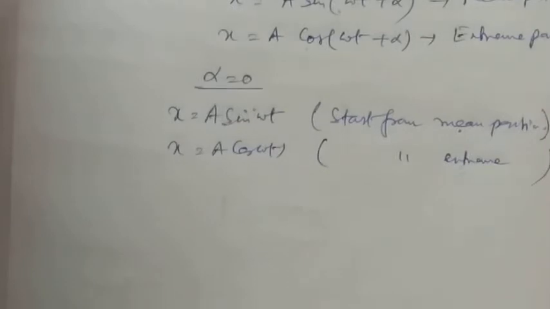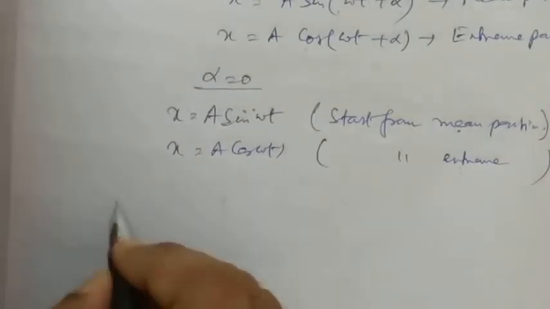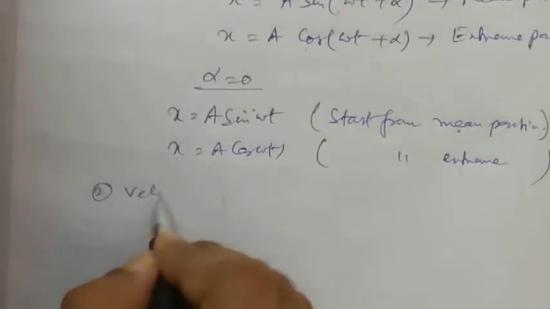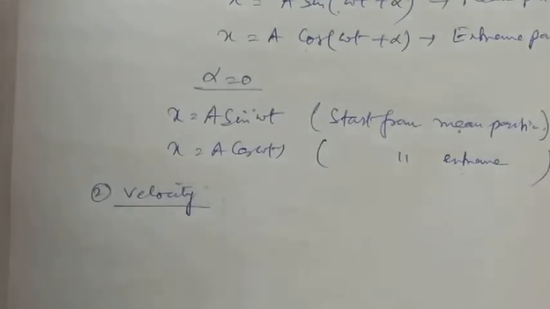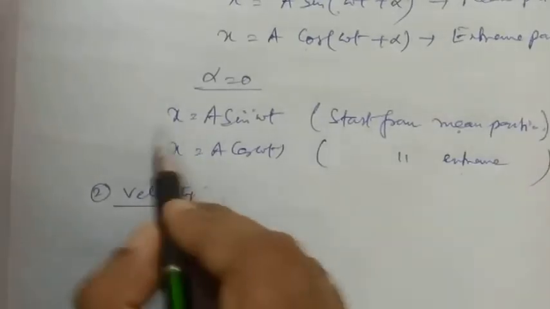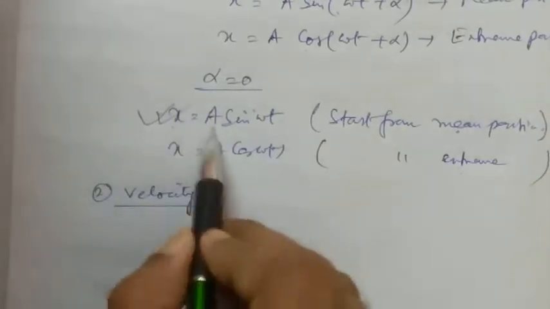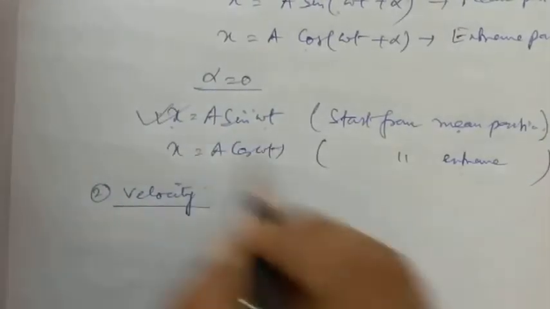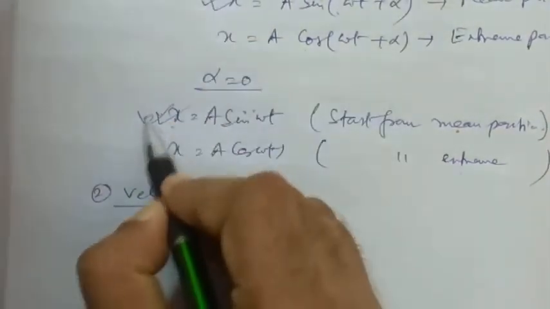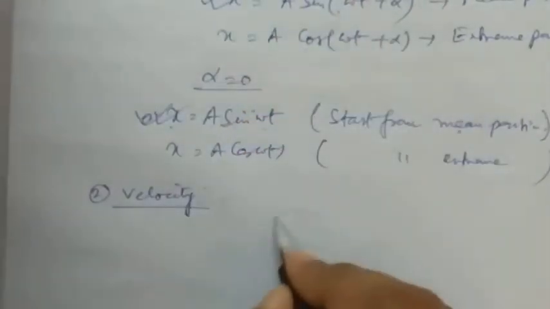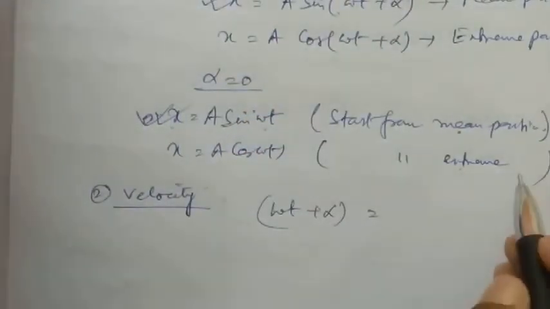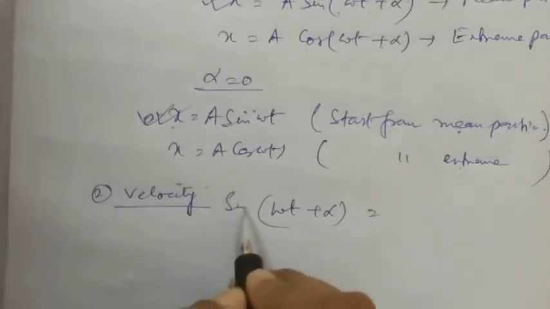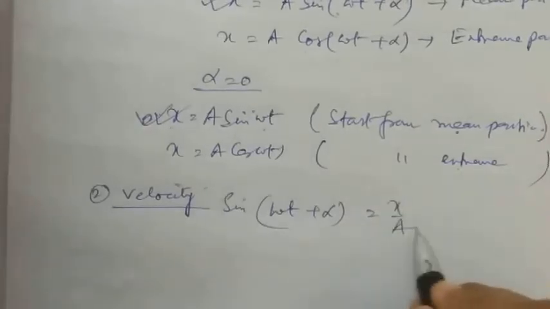Now let's try to find the formula for the velocity. From x is equal to a sin of omega t plus alpha, we get sin of omega t plus alpha equal to x by a.